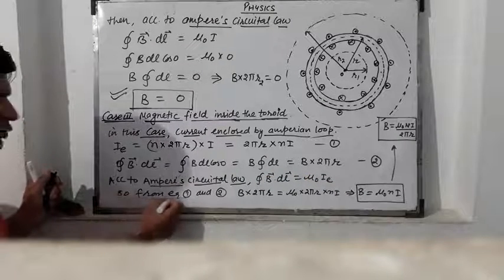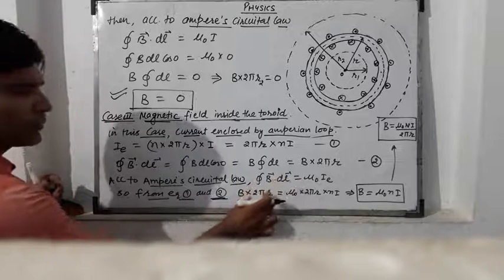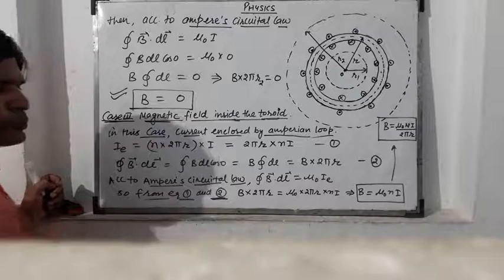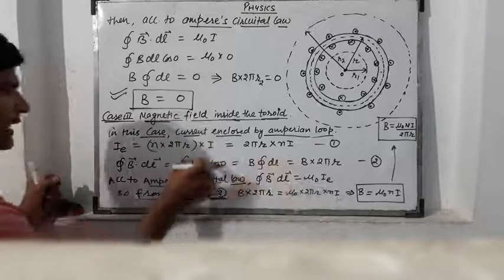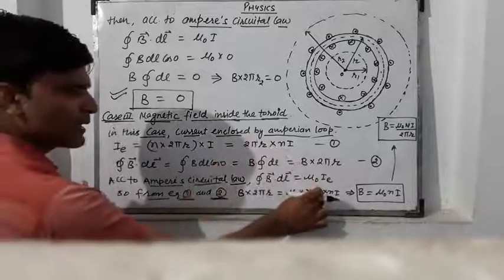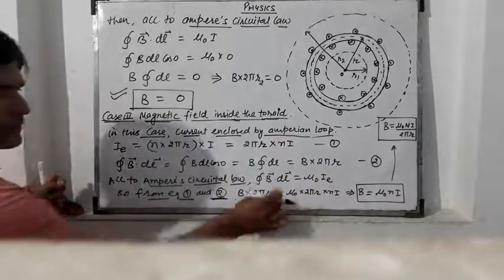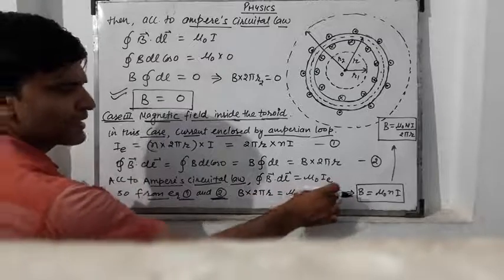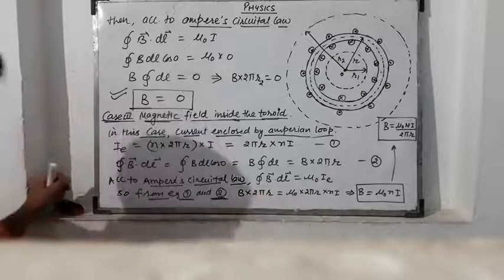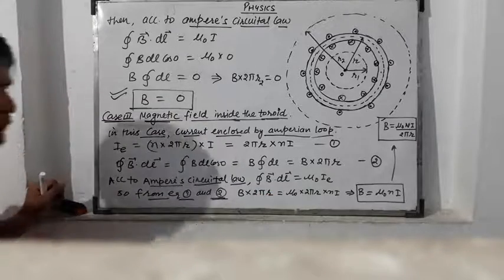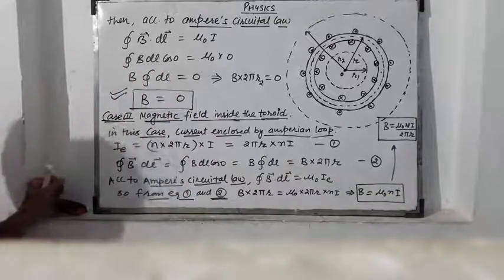So from equation 1 and 2, B into 2 pi r is equal to mu naught times the value of I_e, which is 2 pi r into N i. So mu naught into 2 pi r into N i. The 2 pi r cancels out, so we get B is equal to mu naught N i.